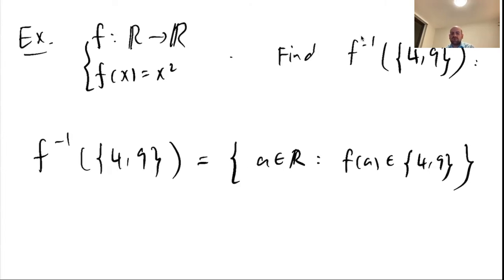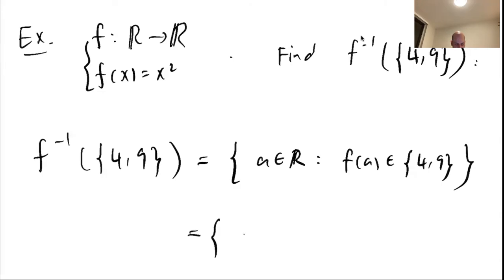No, because 0 squared is 0, not 4 or 9. 1 is another number. f of 1 is 1, not inside {4, 9}. What about 2? 2 will be mapped to 4, which is inside {4, 9}. So 2 is one of the elements inside this set.